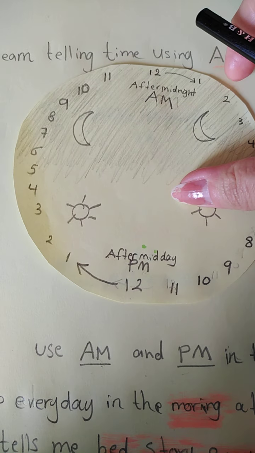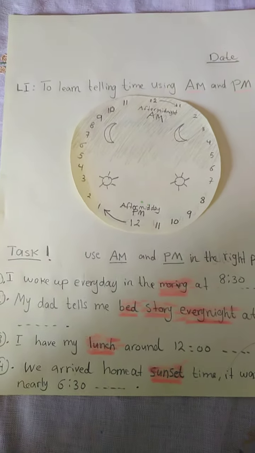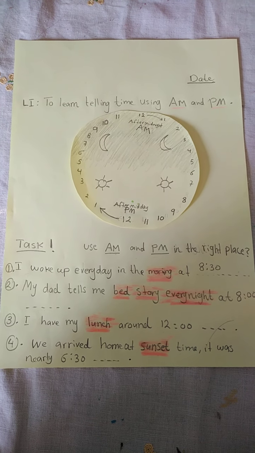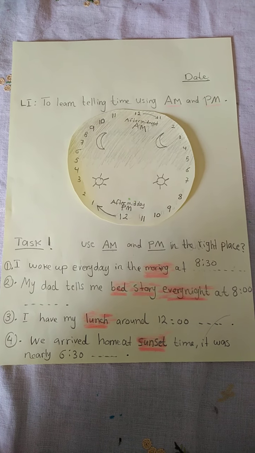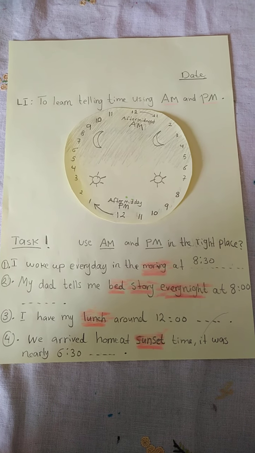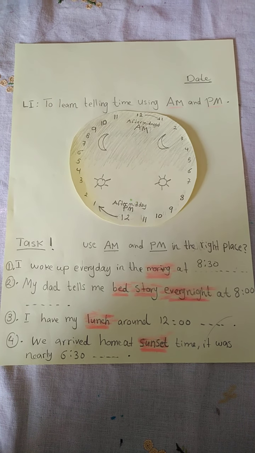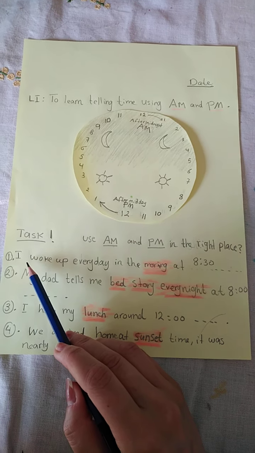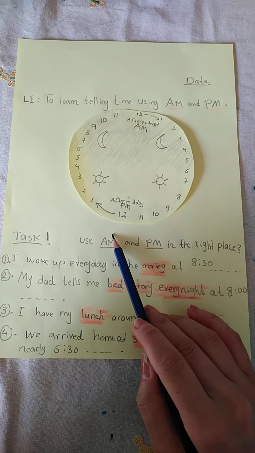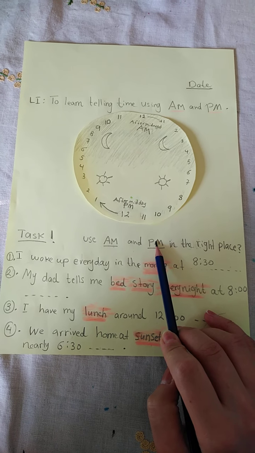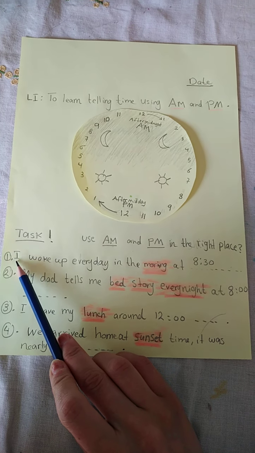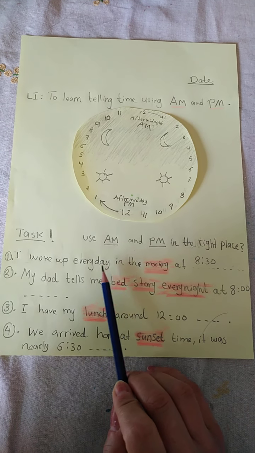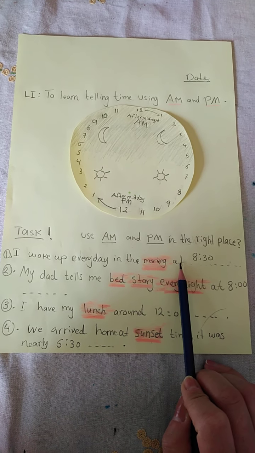I have a task for us. Please pause the video to write your task. Task: use AM and PM in the right place. I have a few sentences. I need you to finish them by using AM or PM after the time. Number 1. I woke up every day in the morning at 8:30.